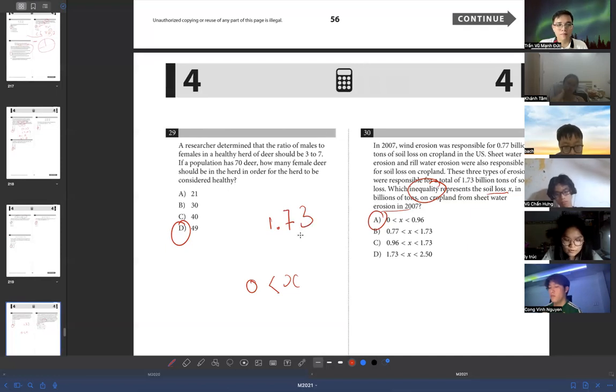They also tell that wind erosion was responsible for 0.77. So I subtract, and x will be smaller than 0.96. Okay, very good.